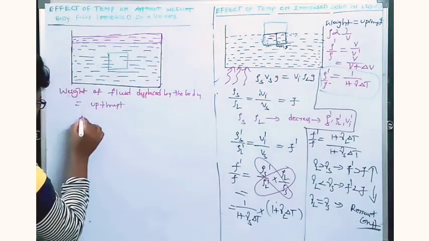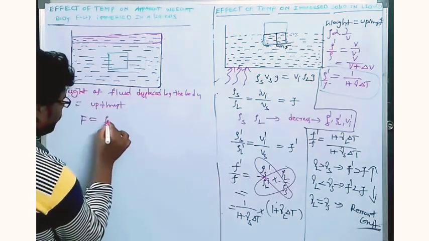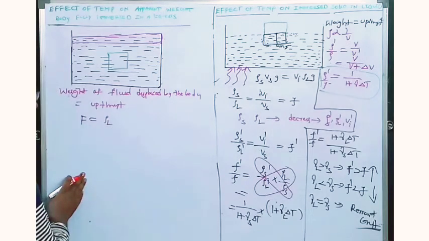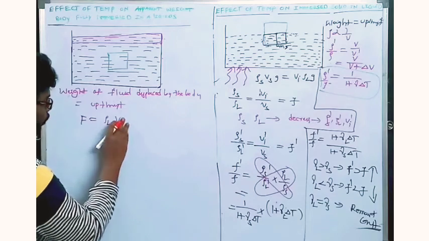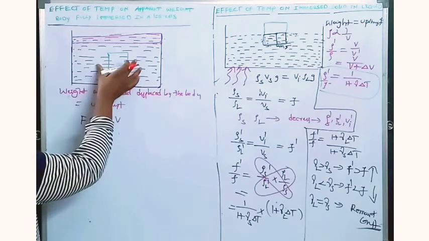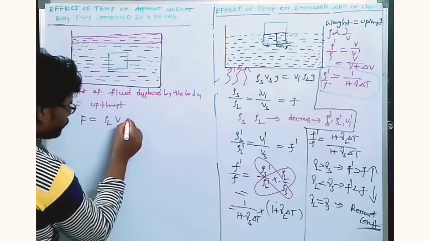That buoyancy force is equal to rho L, the density of the liquid, times the volume of the immersed solid. Immersed solid means we have to take the volume of the total solid, times g.